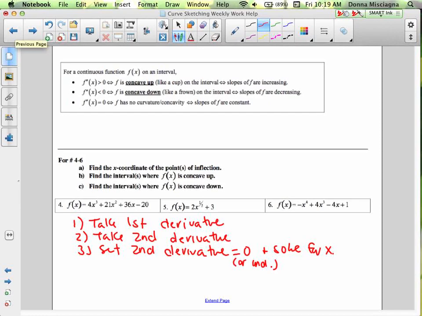All right, and once you've got those, these are your critical points for the second derivative. With your critical points, you're going to make a sign chart, just like you did with the first derivative. All right, so for your sign chart, you'll have where the second derivative was 0, right?